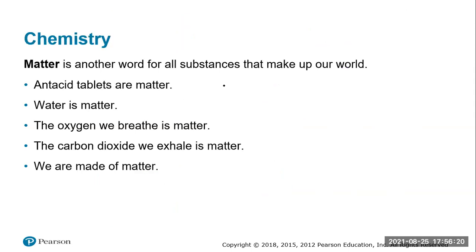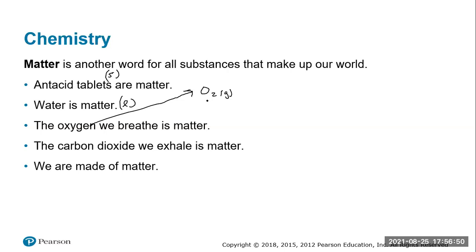So as we talked about a little bit earlier, matter is basically anything that occupies space and has mass. It's pretty much everything along the way. Things like antacid tablets, water is H2O, right? Antacid tablets are solids, right? Water, most of the time, is liquid. Oxygen, by the way, when we talk about oxygen by itself, it is really O2.